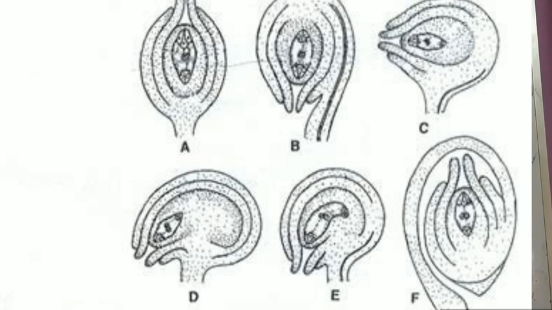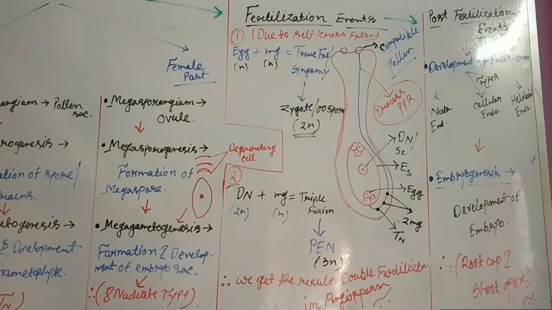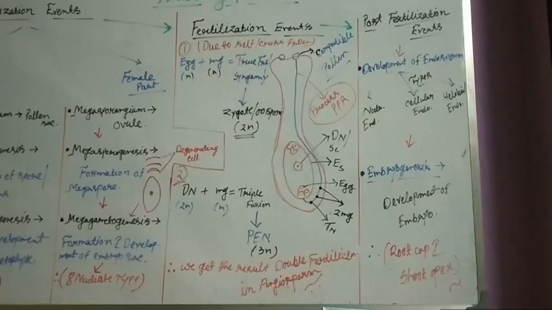After this phase, the second step is megasporogenesis. It means formation of megaspore. Then look at 2 processes: first, megasporogenesis, and second, megagametogenesis.